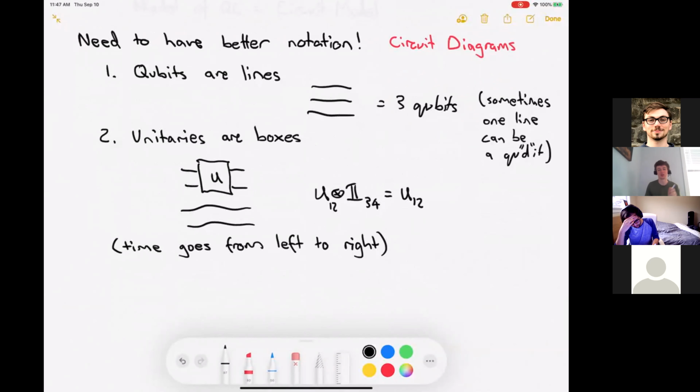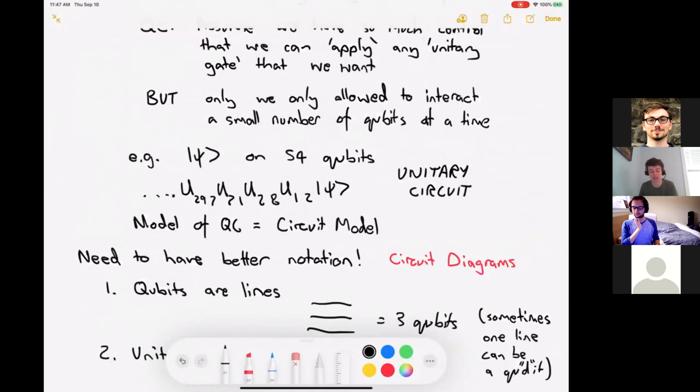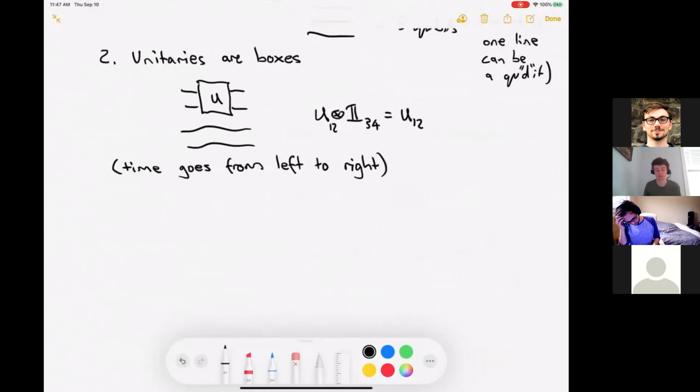Note that this is the opposite of matrix notation, where in this circuit up here, the first thing that got applied was this unitary U12, and then the unitary U28, and so on. So it goes right to left in that case. It's kind of confusing that they're different, but honestly, left to right makes sense for a circuit diagram, I think. I wouldn't want it to be the other way around. It would be very confusing.